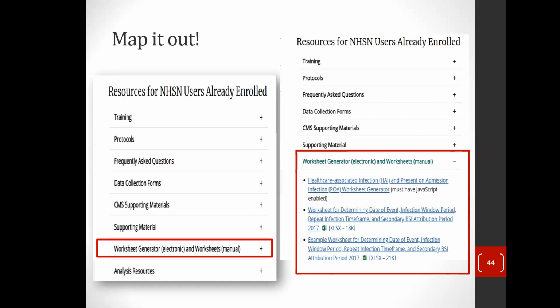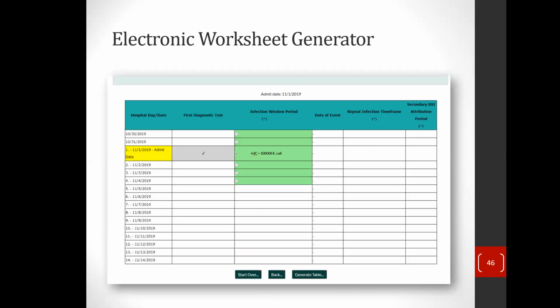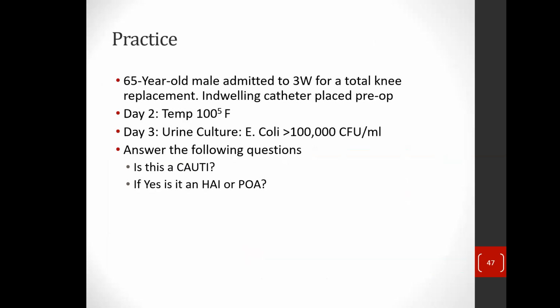And then there is also now an electronic worksheet that you can use. So this is what the manual worksheet looks like, and this is what the electronic worksheet looks like for you to use. It's very easy and kind of fun to play around with. You put in the admission date, you put in that first diagnostic test, it will map out the infection window period for you, and it will map out your repeat infection time frame. It's really nice. So let's do some practice before we end the day.